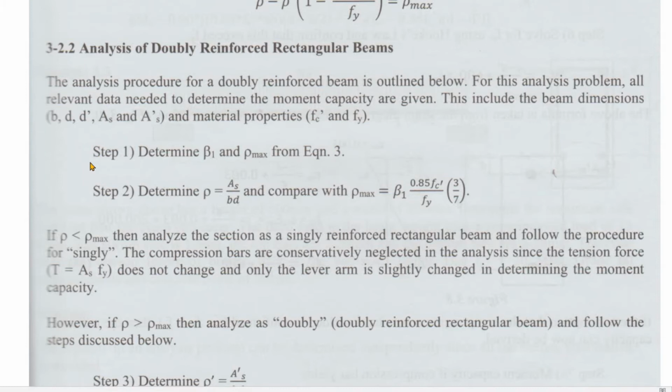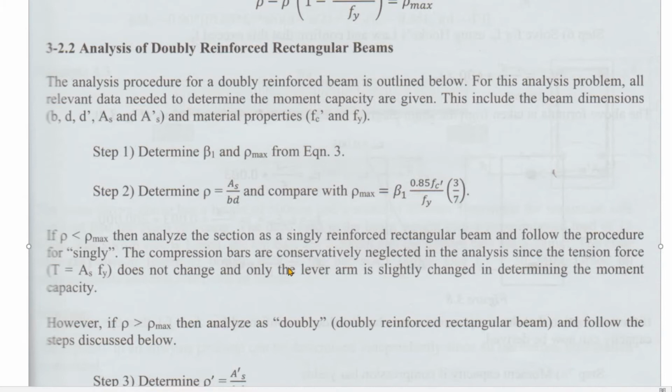So, step 1, as in, parehas lang nito yung singly reinforced beam. Determine beta 1, this is based on your F prime C, tsaka yung rho max. Step 2, determine rho, which is equal to AS all over bd, and compare with rho max. If rho is less than rho max, then analyze the section as SRB and follow the procedures for singly reinforced beam.